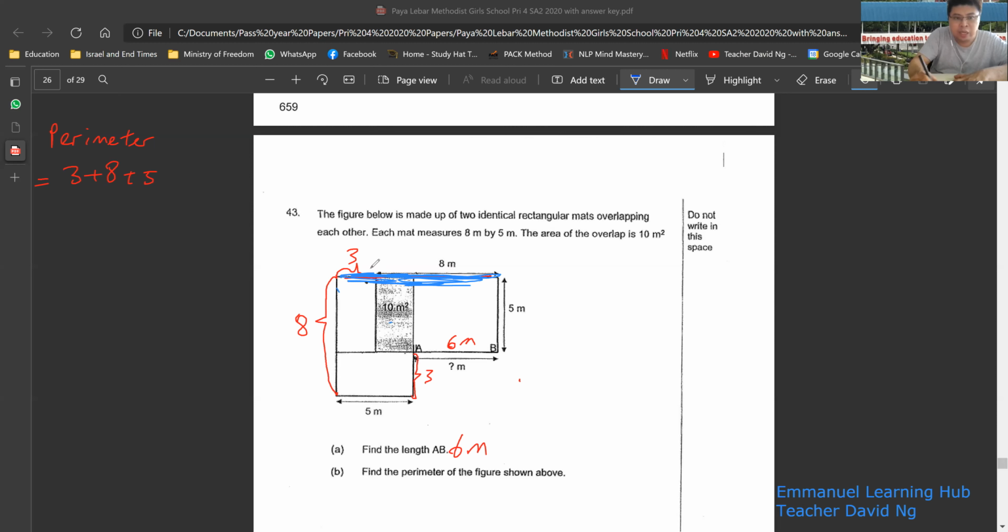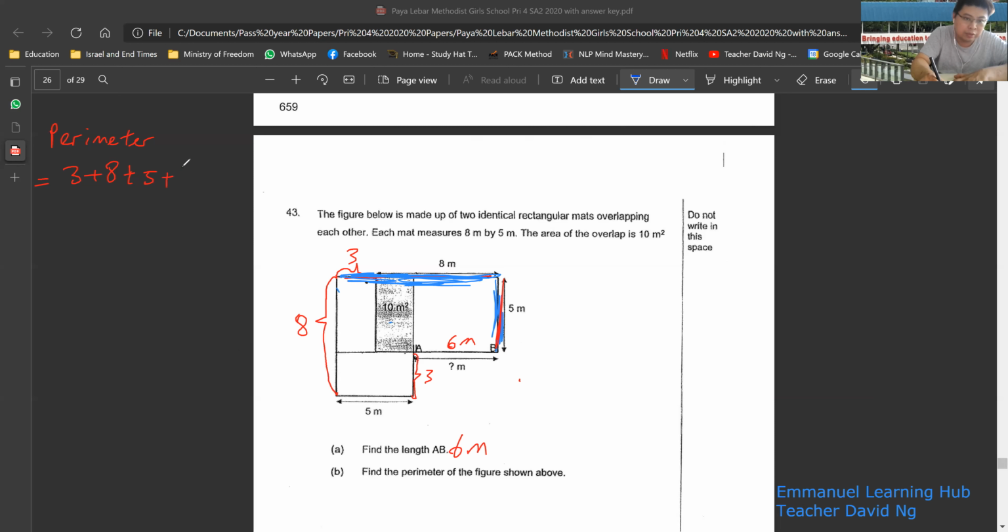So 3 plus 8 plus 5. 5 is this one. Then after that, you plus what? 3 plus 8 equals 11. No, you don't do 3 plus 8. You plus one at a time. 3 plus 8 plus 5, and then plus 6.